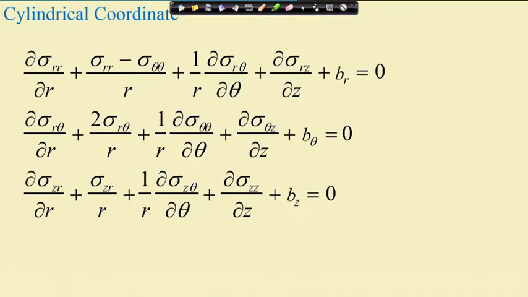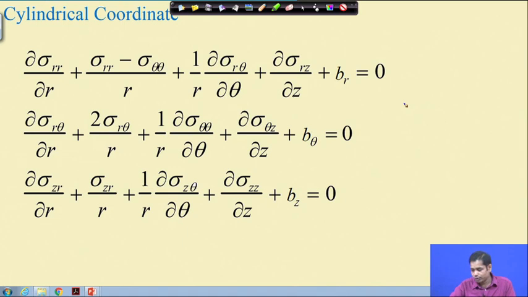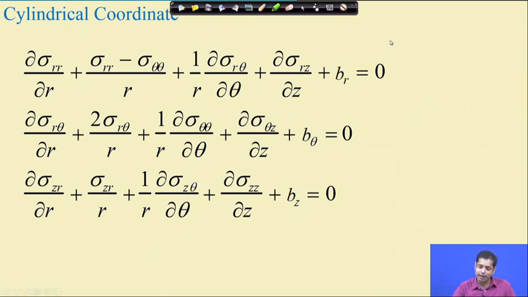Even in polar coordinate system, you have 6 unknowns and 3 equations. So, next class we will discuss what compatibility is, what it physically means, how compatibility between different parts of a continuum can be ensured, and when we write that compatibility in mathematical form, what form that equation takes.